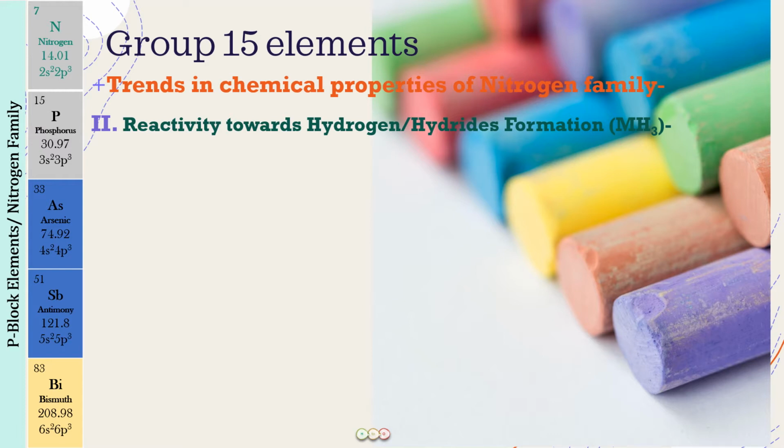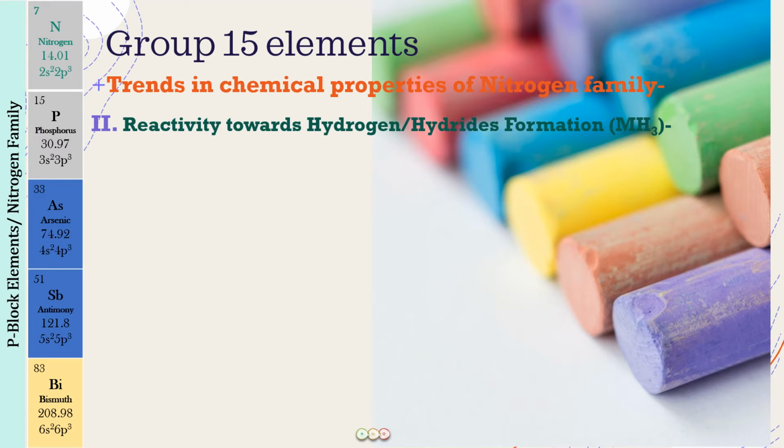So I hope you all remember from the lecture on oxidation state, which was the last lecture that we discussed, that all the group 15 elements can exist in the -3 oxidation state, but the tendency to exist in the -3 oxidation state is going to decrease down the group. Why does that decrease down the group? Because again the size is going to increase, the electronegativity is going to decrease, therefore the electron gaining tendency is going to decrease down the group.